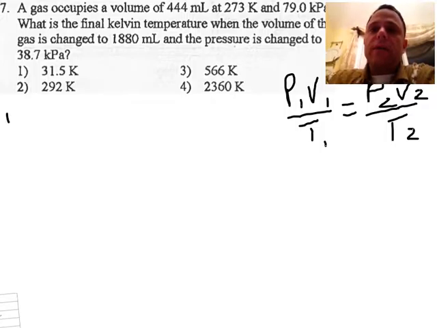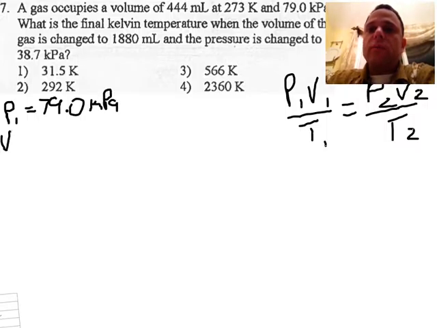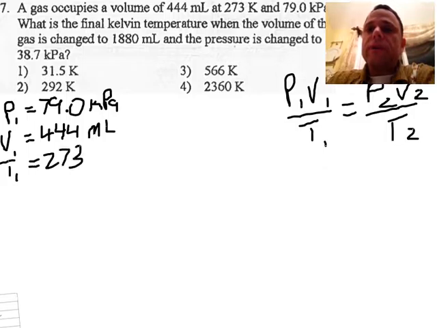So my P1 is 79.0 kilopascal. My V1 is 444 milliliters. And my T1 is 273 Kelvin.